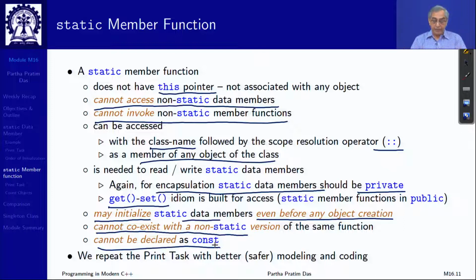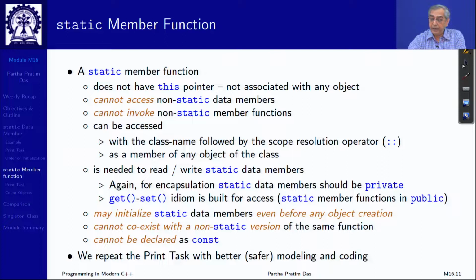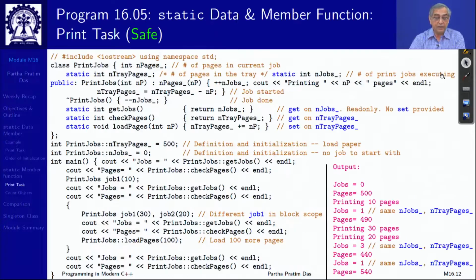It cannot be done. Now, with this improvement in the encapsulation and information hiding paradigm, let us take a relook at the print task, which remains the same, except that now I have made this private. I have put them before public.